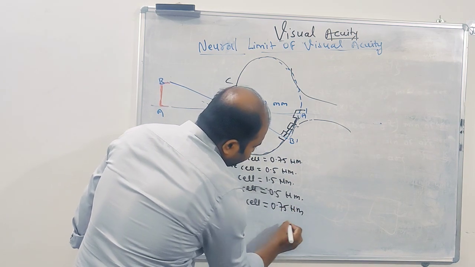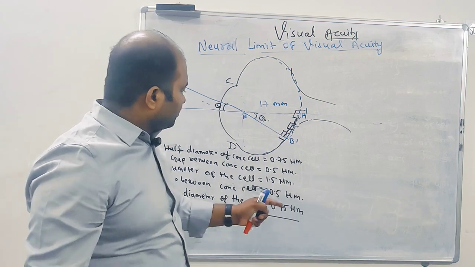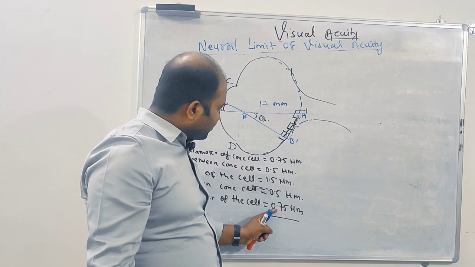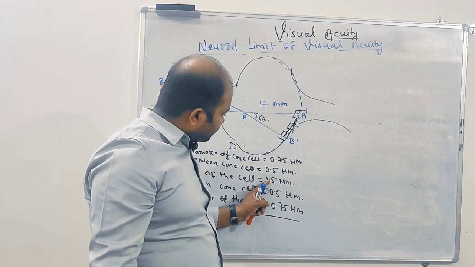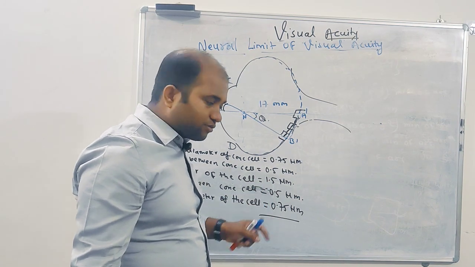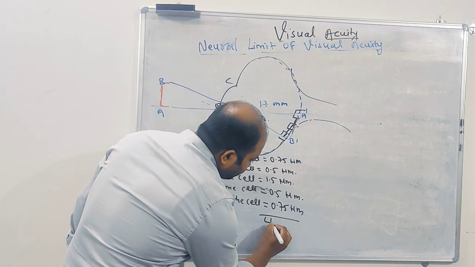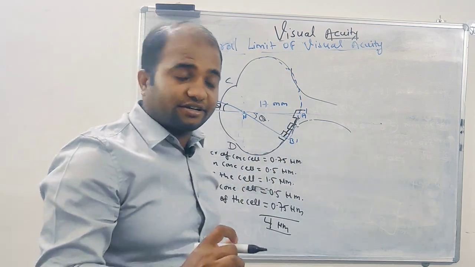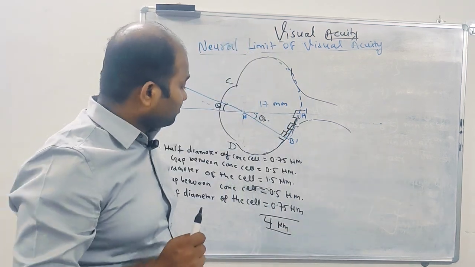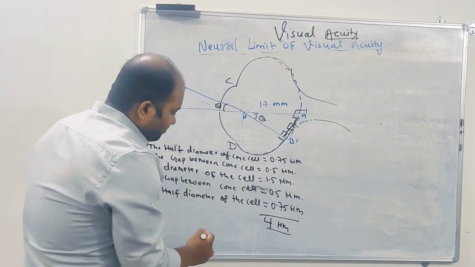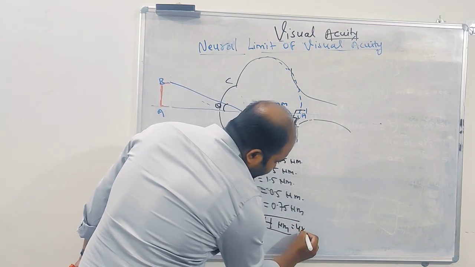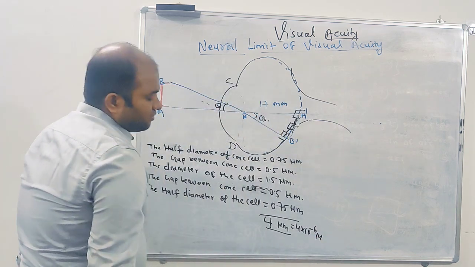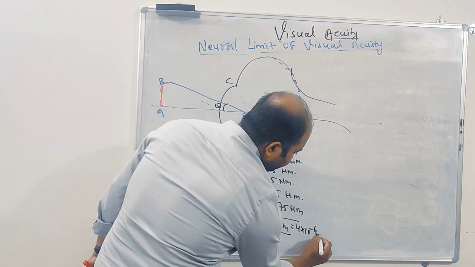That means the total, if you calculate it, 0.75, 1.5, 1.5, and 0.75, so total is 4 micrometer. So minimum height should be 4 micrometer. Okay, 4 micrometer can be written as 4 into 10 to the power minus 6 meter.